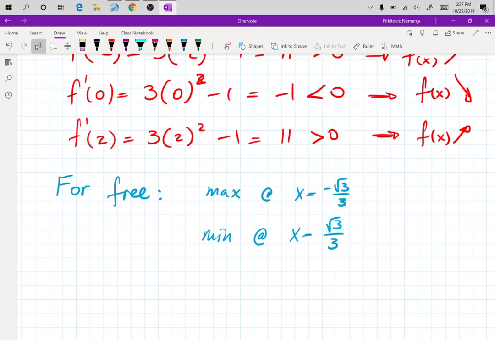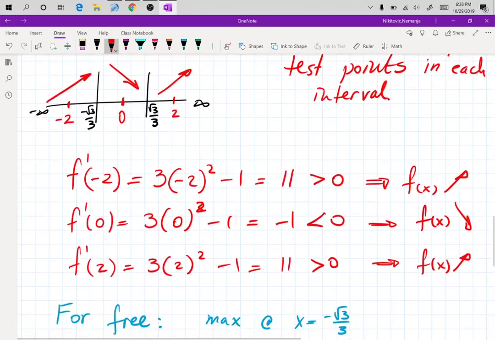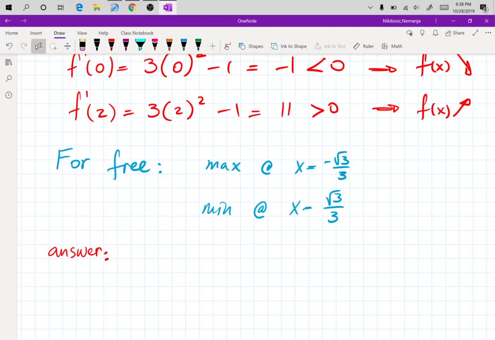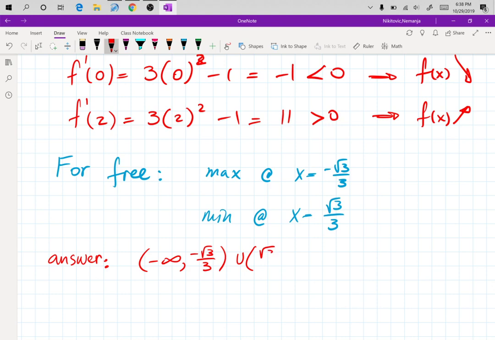All right, now what is the answer for your grade? The final 2 points is when you present the reader with the intervals. So you will start that from negative infinity to negative root 3 over 3, union root 3 over 3 to infinity.